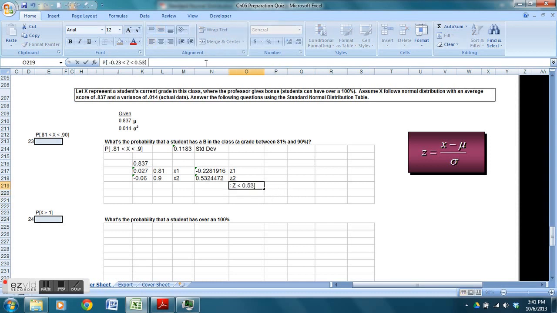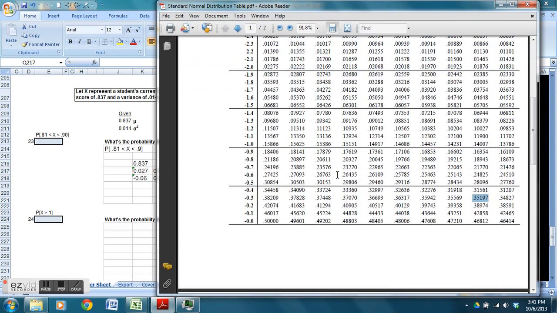And this is going to be equal to the probability that z is less than 0.53 minus the probability that z is less than negative 0.23. So at that point we just look these values up in the table, and I'm just going to put them right here and right there.